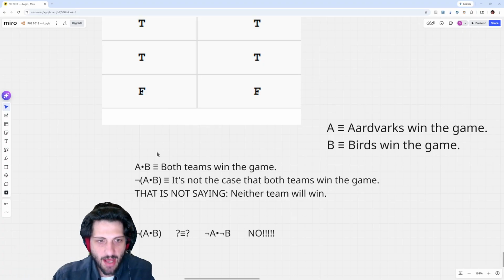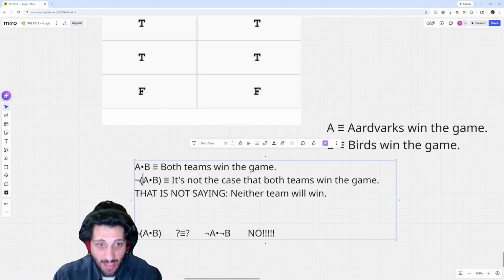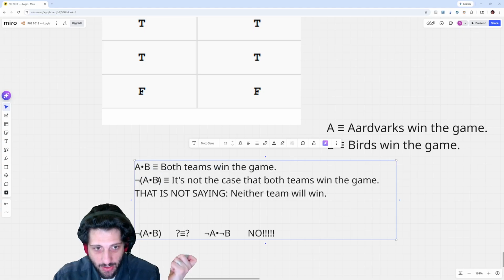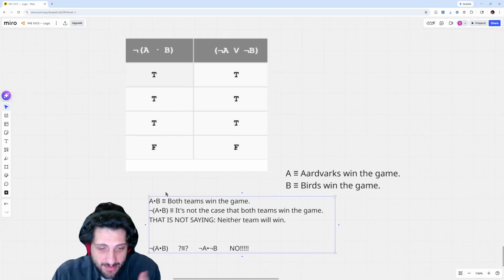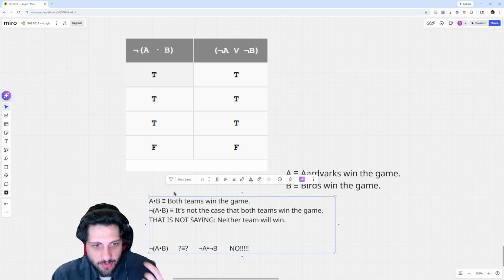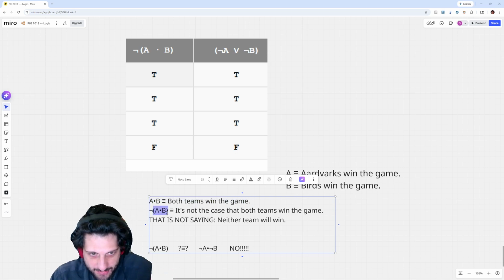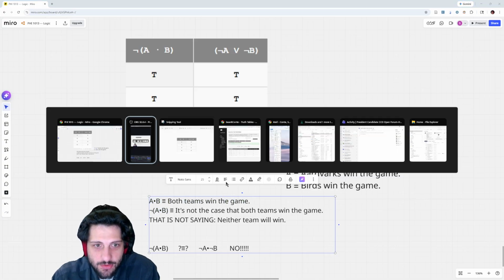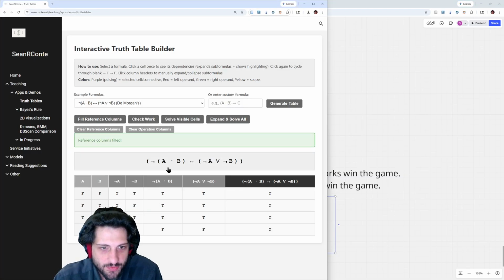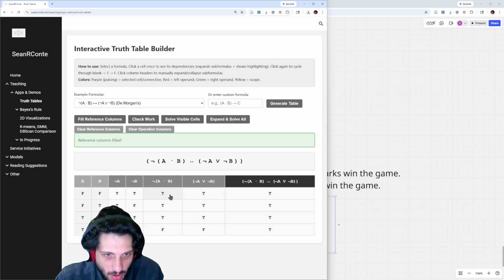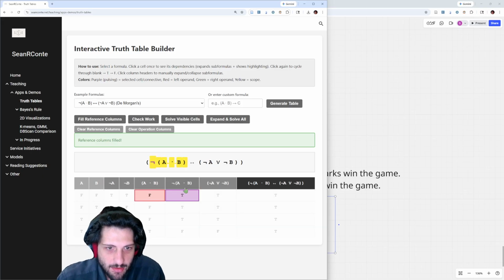When I say it's not the case that A and B, I'm not saying A and B are both false. I'm just saying it's not the case that they're both true. And really, this is the whole point of the truth tables. It's really confusing a lot of the time to think about both symbols at once. But that's exactly why we go to our truth tables when I want to know, is it true that not (A and B)?